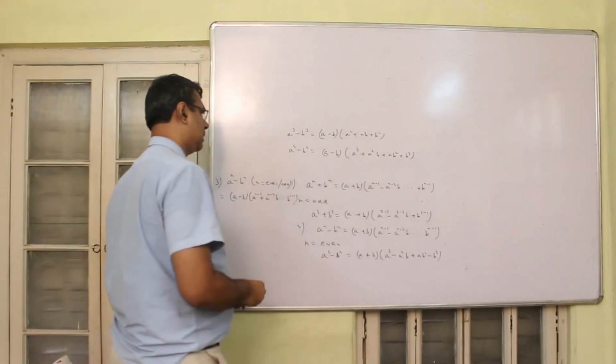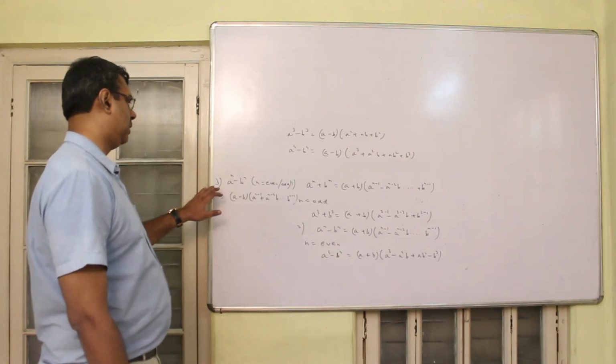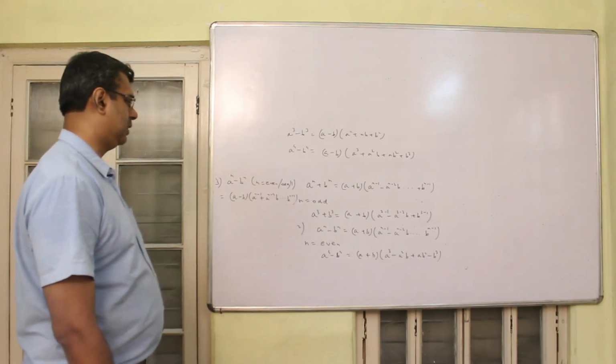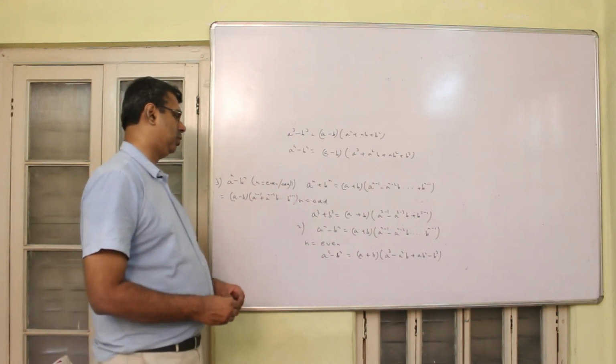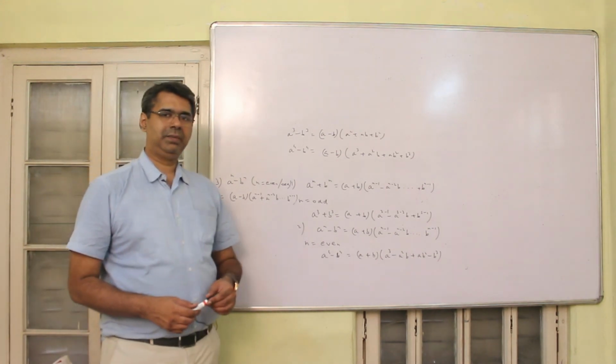So this is a very important third identity because it is applicable both when n is even as well as when n is odd. So that brings us to an end of this very interesting session of how to use algebraic identities.